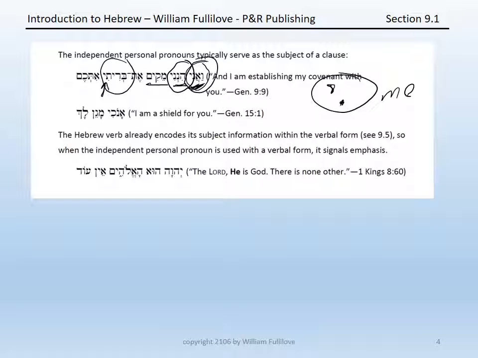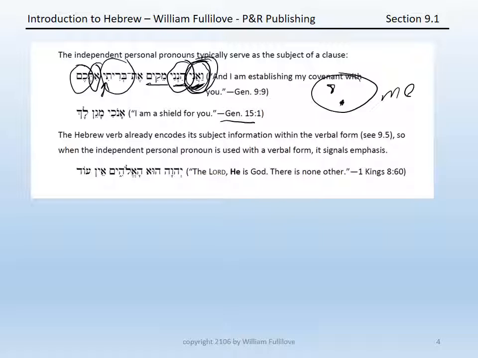Note that the i here is again the possessive suffix, my covenant, which we will cover in a future chapter. And then this is the preposition et, with, and then khem is a suffix on that preposition. Though you do not yet know all the forms to translate the sentence, note that it begins with and I, an independent personal pronoun being the subject of the clause.